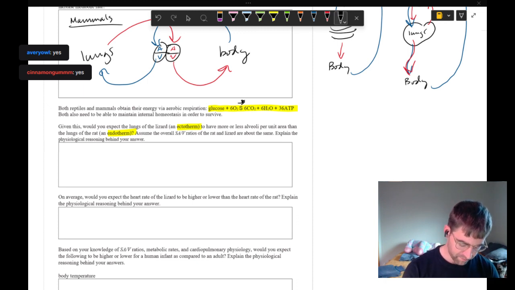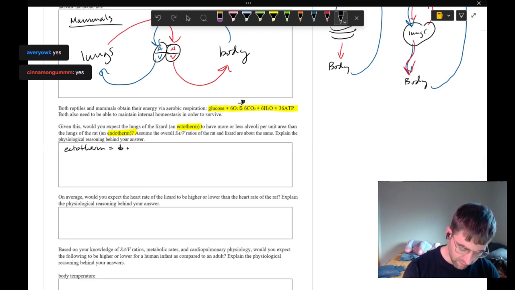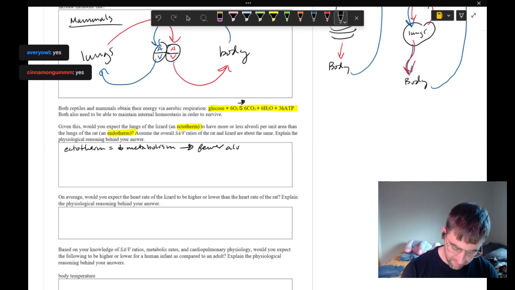So ectotherm means lower or slower metabolism, which leads to fewer alveoli per unit area.